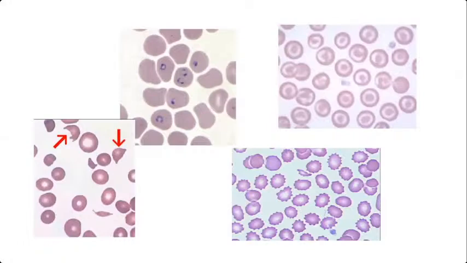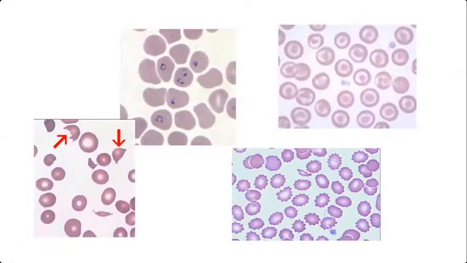That is a very good example of DIC. And you know that DIC can be caused by very many conditions. Then you can get this kind of picture, like in hemolytic uremic syndrome, HUS, and TTP.